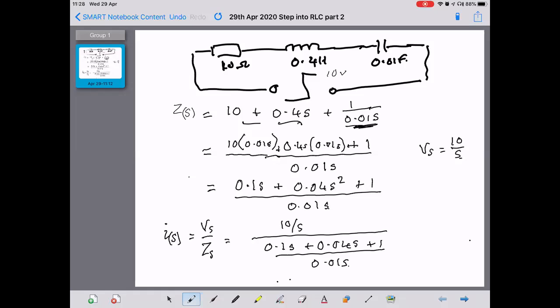Yeah. So we've got an expression now that is a fraction divided by a fraction, so we have to deal with that.